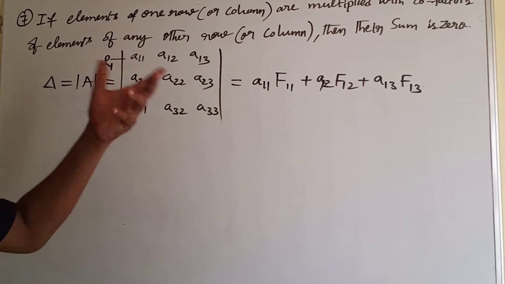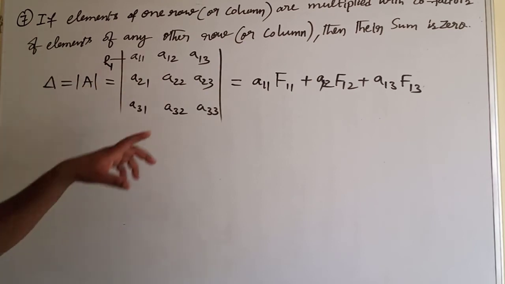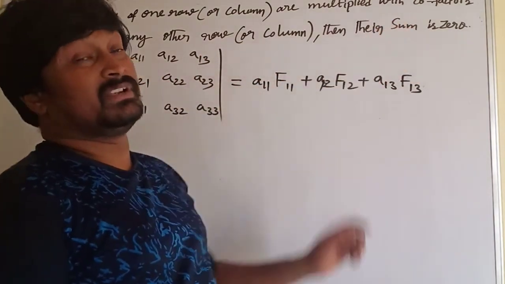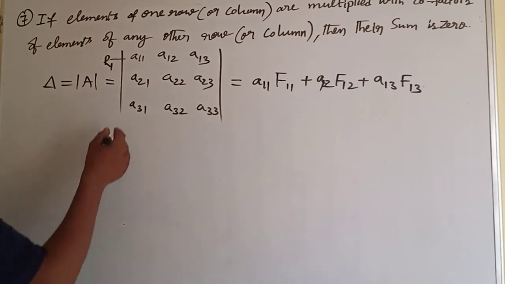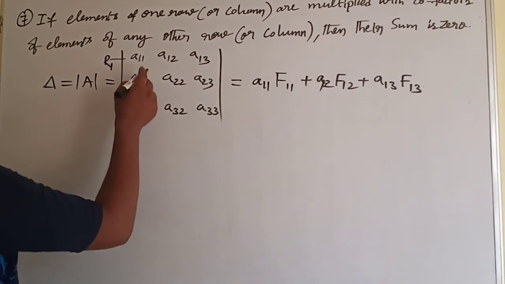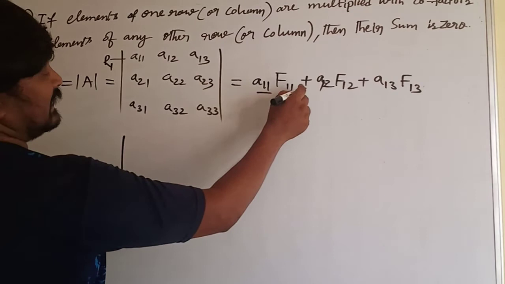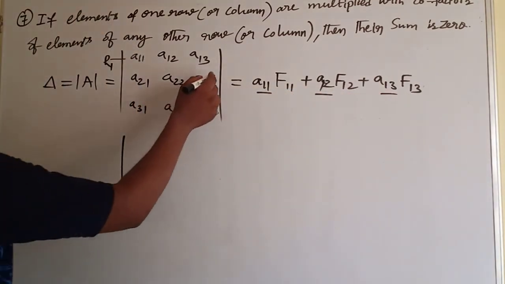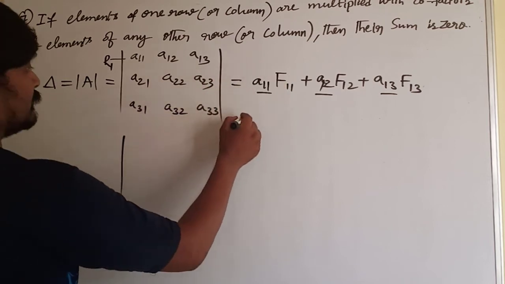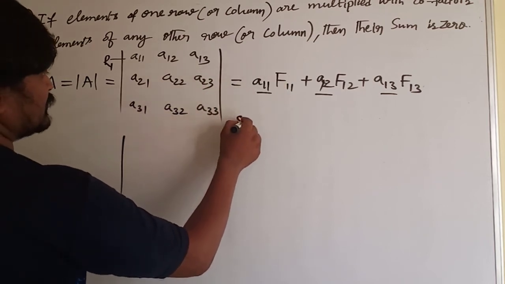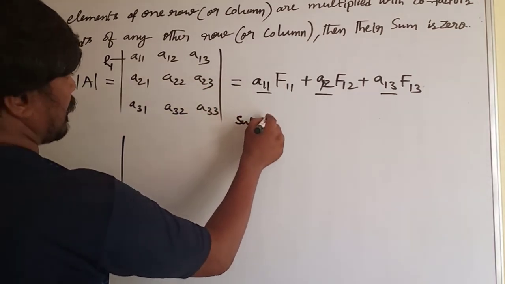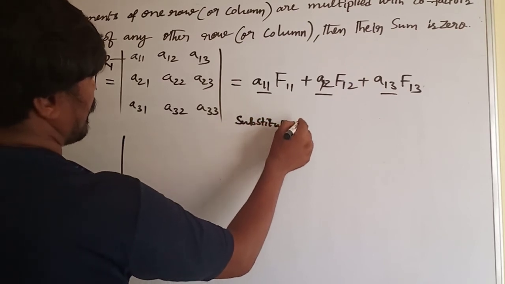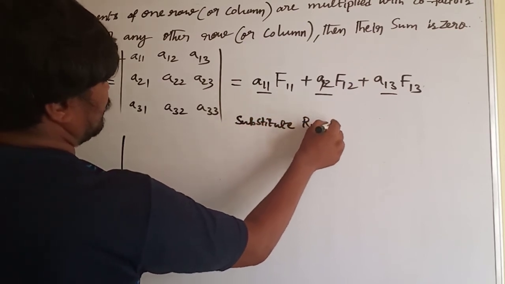Before finding that, their sum is 0, so what I want to do here is first, in this A11, A12, A13 place, substitute row 1 with row 2.